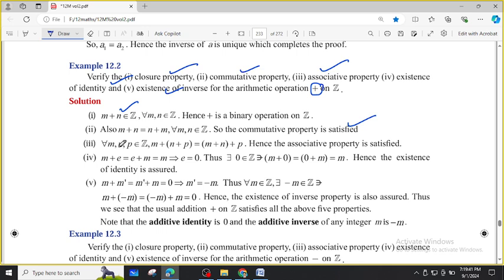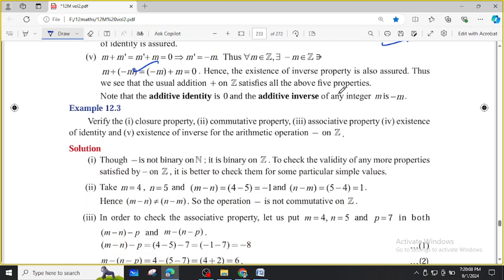Associative: if you take m, n, p, then m plus n plus p, m plus n plus p, so associative property is also satisfied. Identity: 0 is the identity element, and the inverse of m is minus m. So we can verify all the five properties for addition over integers.